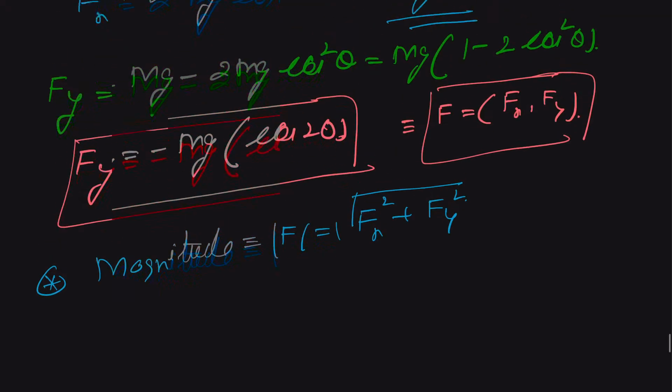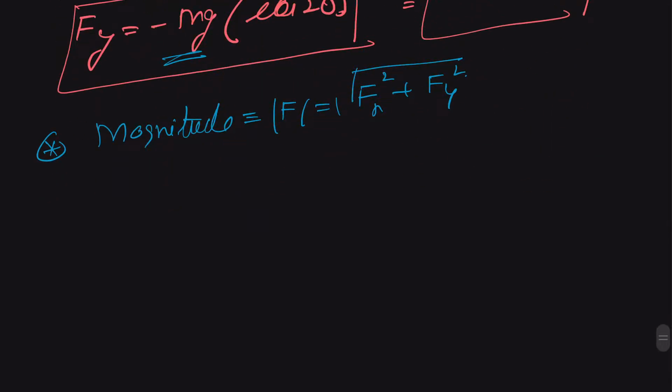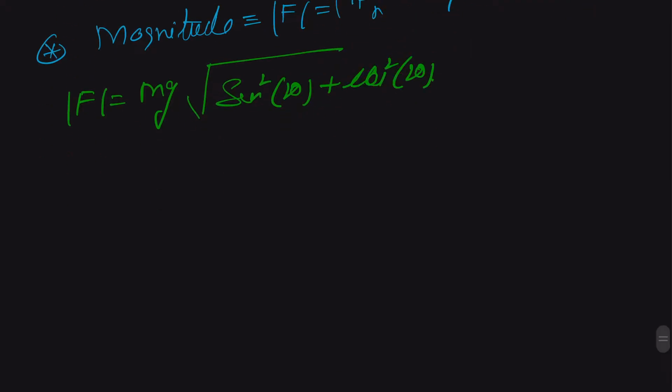We are having mg and mg, so we can take as common, and this will be coming as sine square 2 theta plus cos square 2 theta, that is 1. Therefore F is equal to mg square root of sine square 2 theta plus cos square 2 theta, therefore it is equal to mg. So this is the magnitude of the force which was asked.